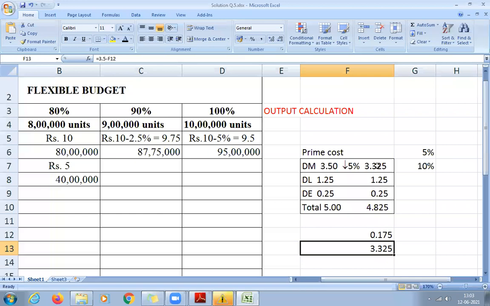That is what I have written here. Got it, students? How we got 3.325?